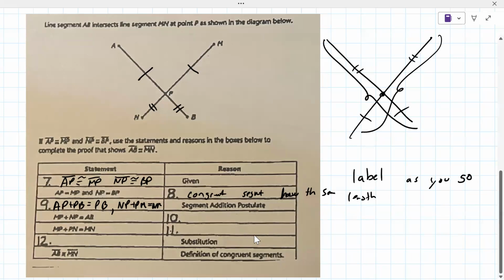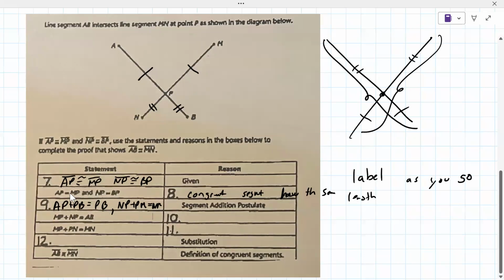It's a little hard to see, but the progression is they're saying that MP plus NP equals AB. These two little pieces equal the whole other piece, because PB is really NP.